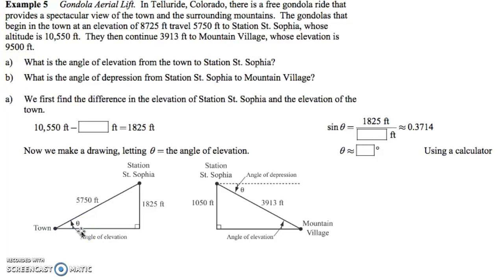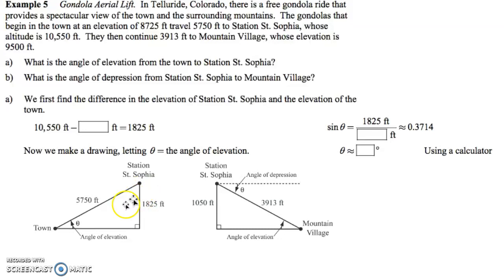So let's take a little picture here. We're in town and our gondola ride is traveling 5,750 feet upward towards Station St. Sophia. We know that Station St. Sophia is at an elevation of 10,550 feet.